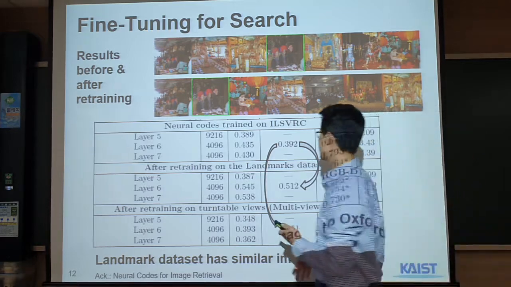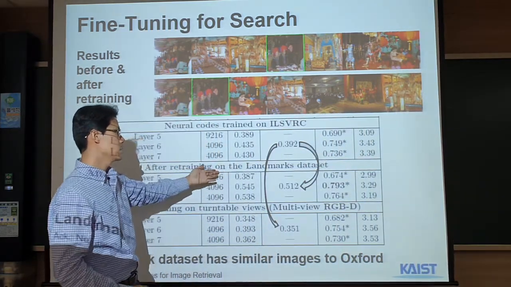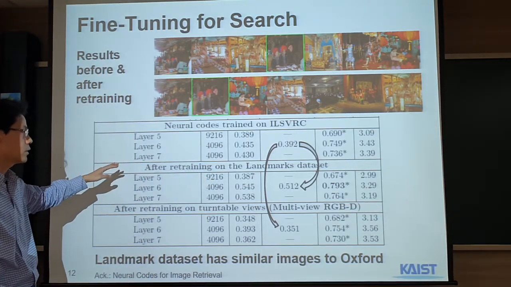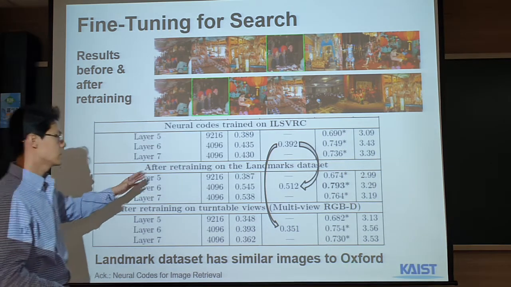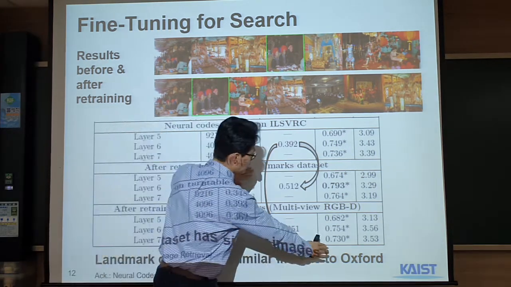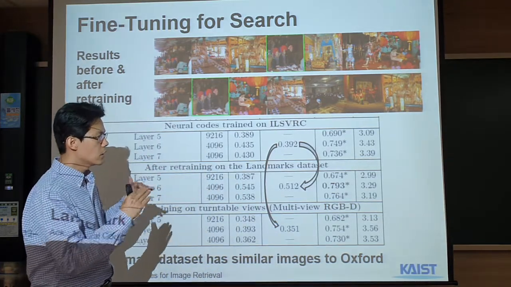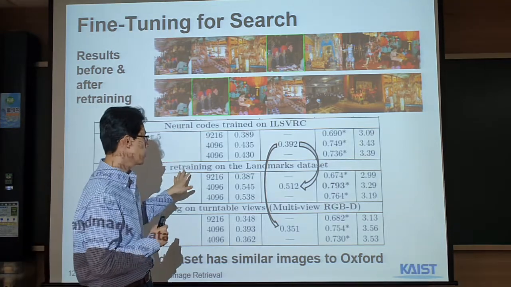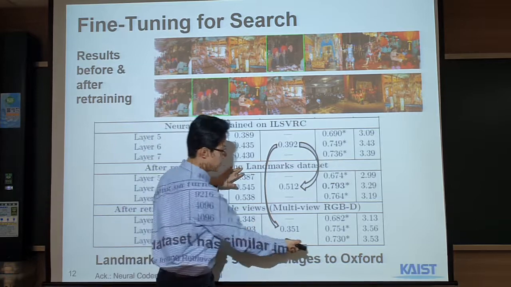And then if they retrain their network with their landmark data set, which is very close to the test data set, they tested their accuracy with the Oxford data set. Here this landmark data set and this Oxford data set look very similar to each other in terms of appearance. So they retrained their network with the landmark data set, which is very similar to their test data set Oxford.